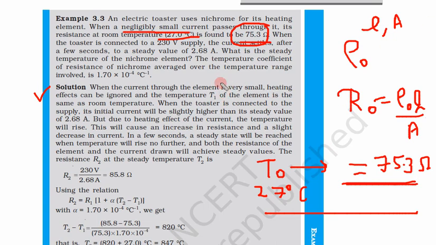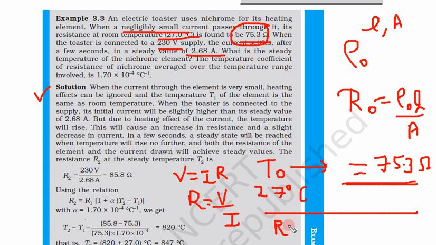Now let us take the second case. We know from Ohm's law V is equal to IR. So when there is a steady current, the resistance R is equal to V by I. V is 230 volt and current is 2.68 ampere.